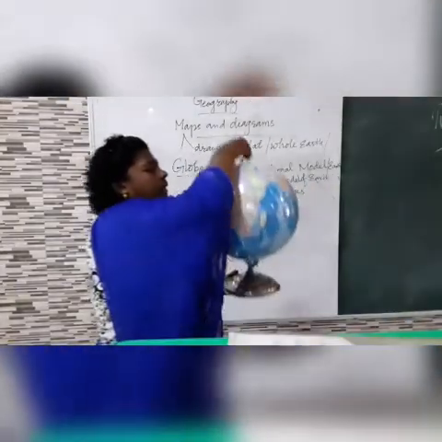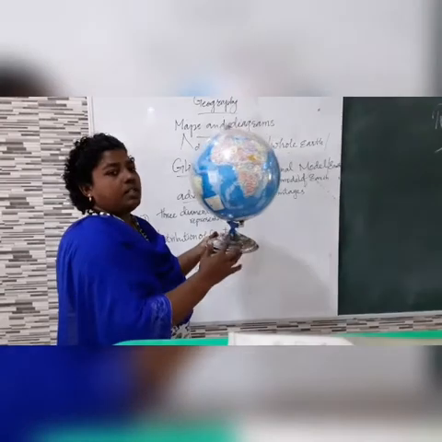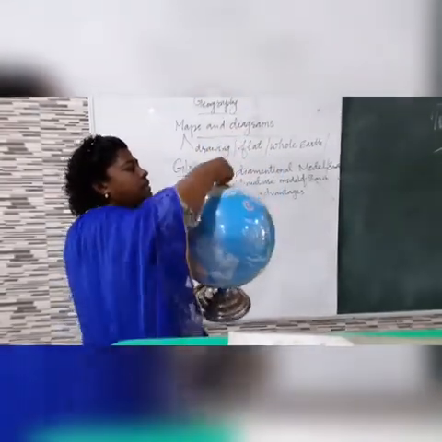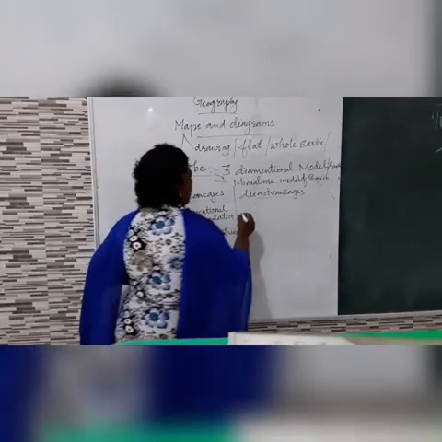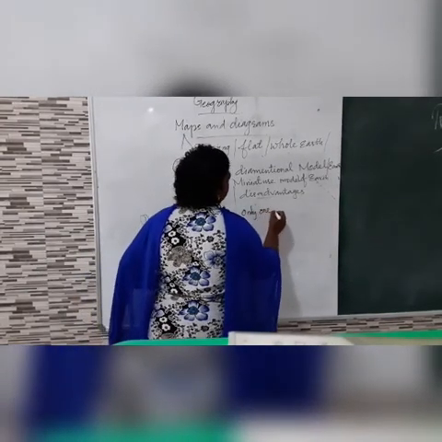Only one part of the earth can be shown at a time. When you see, only one direction can be seen. If you want to see other sides, you have to rotate it and see. So this is one of the disadvantages. Only one side can be seen.